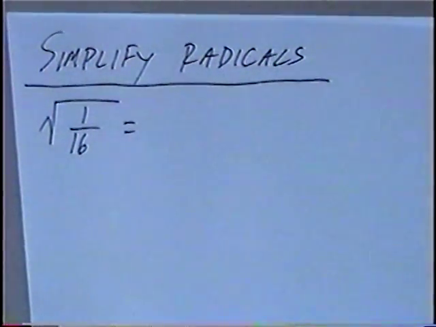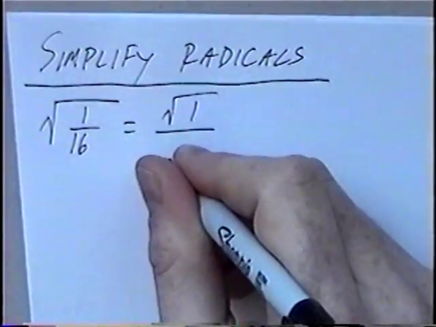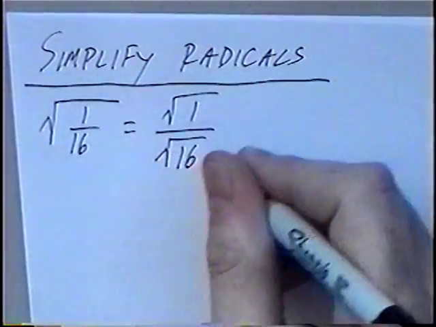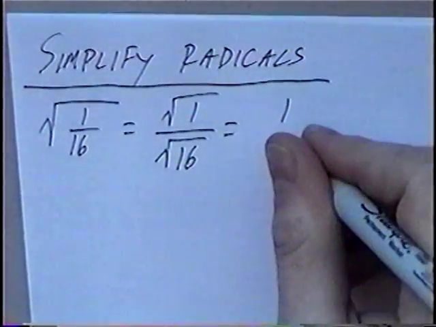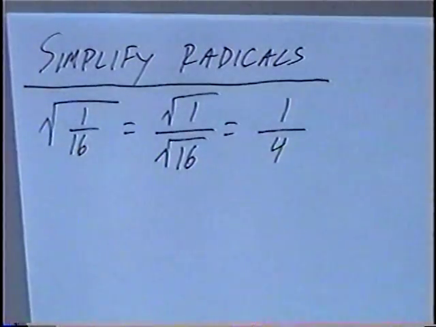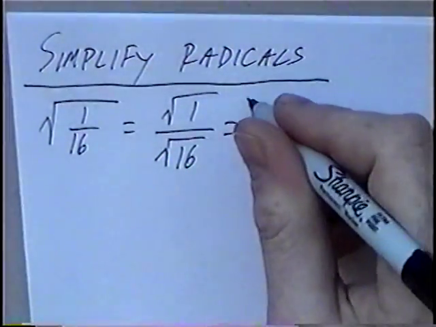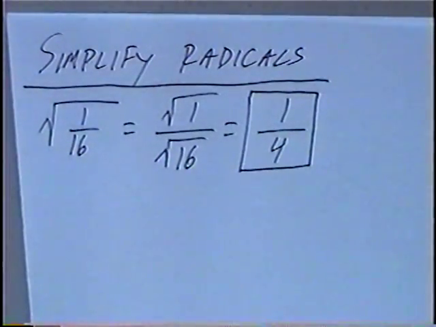When you have a square root of a fraction, if you remember, you can take the square root of the numerator and also the square root of the denominator. The square root of 1 would be 1, and the square root of 16 would be 4. So our final answer, the square root of 1/16, would be 1/4.